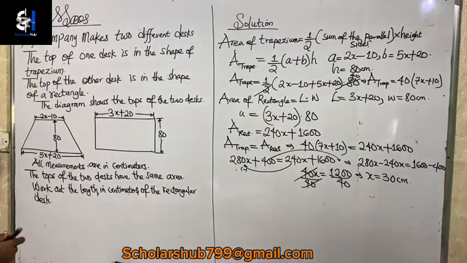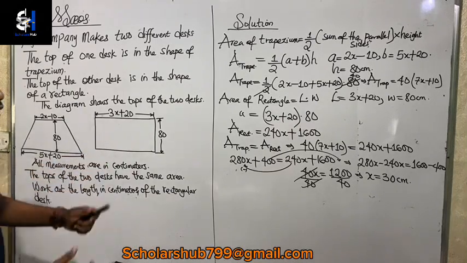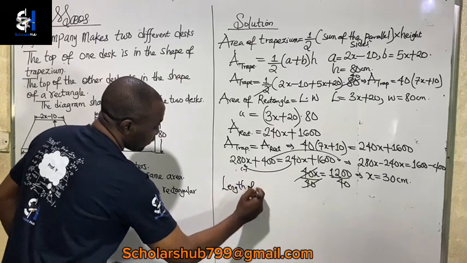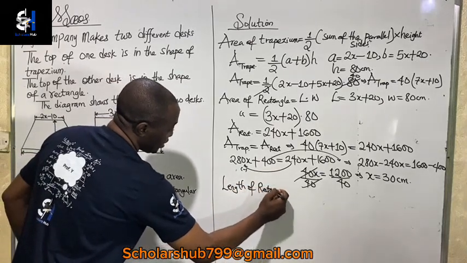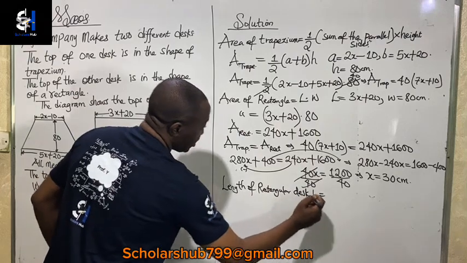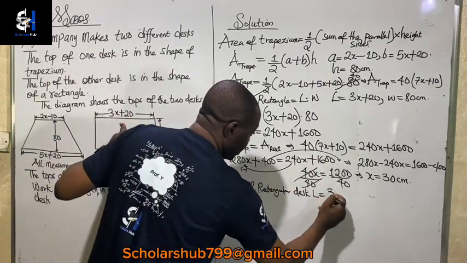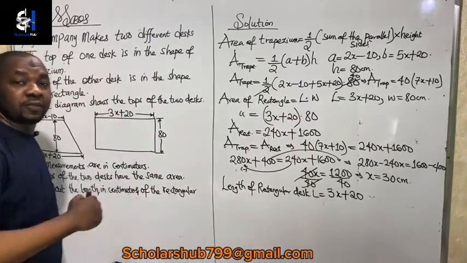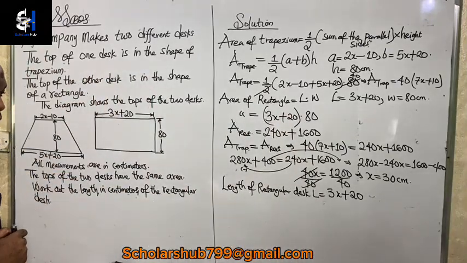We want to work out the length in centimeters of the rectangular desk. Remember, the length of the rectangular desk, which is L, is 3x plus 20. So we are going to substitute for x in that expression.